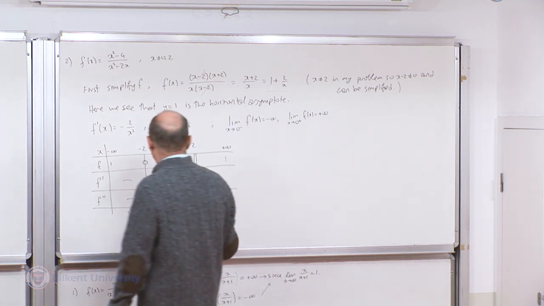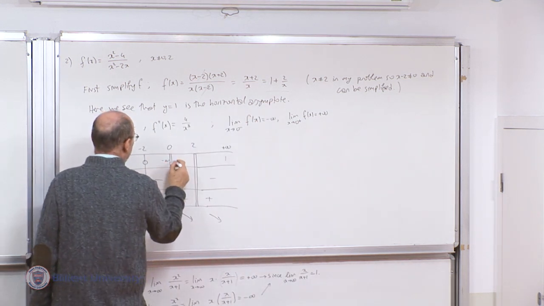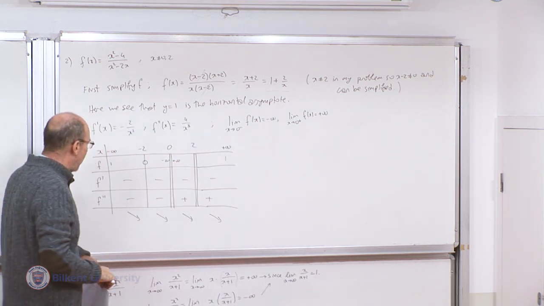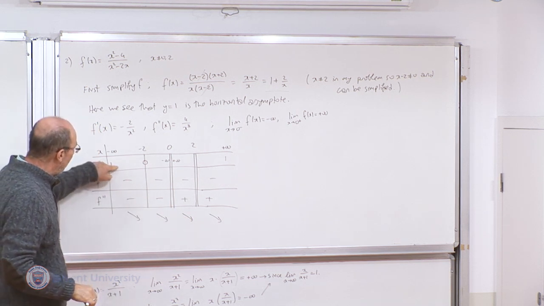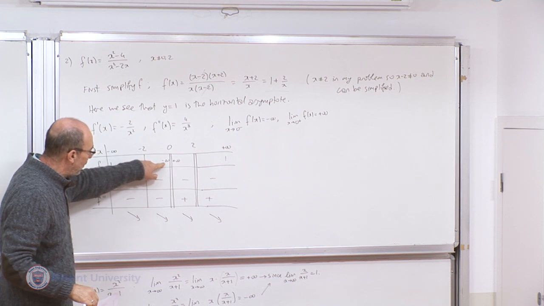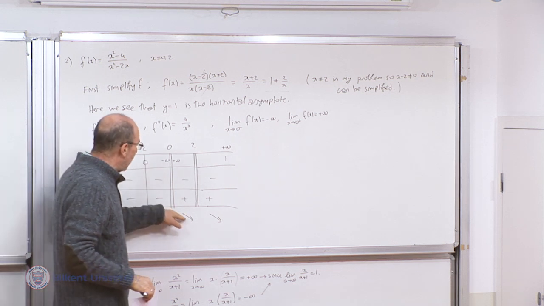So here I have minus infinity, plus infinity. So I check if these arrows make sense. It decreases from 1 down to minus infinity. Okay, it makes sense.